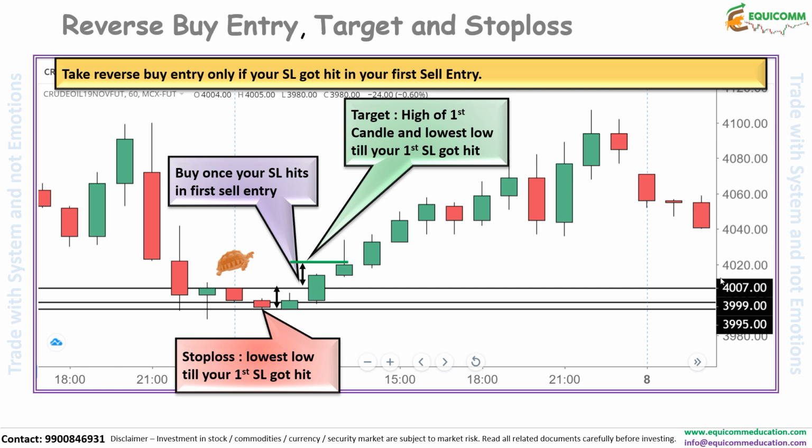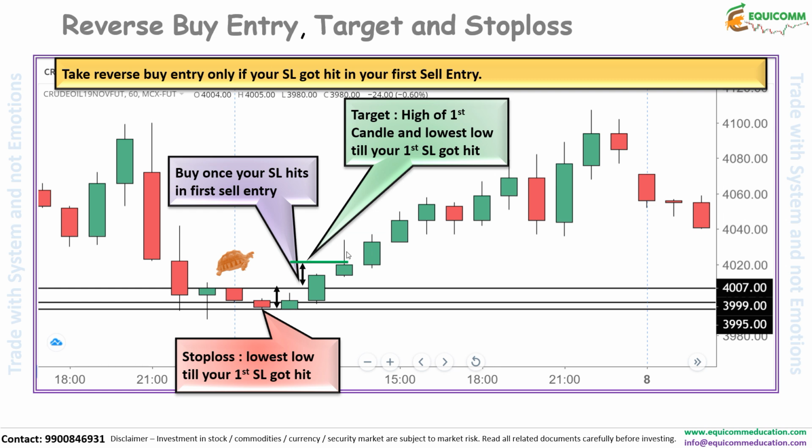Now at what rate have you bought? 4008. Add 13 rupees to your entry rate and it will come to 4021. So your target is 13 points, and you have entered at 4008, so 4021 would be your target.